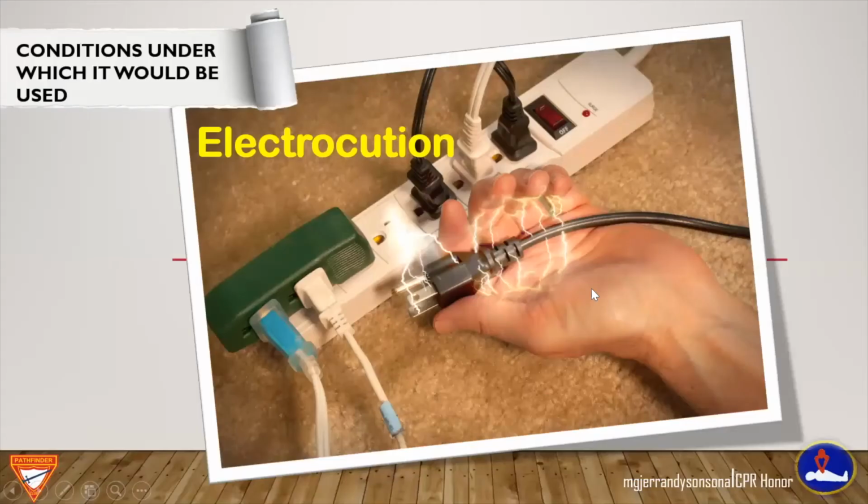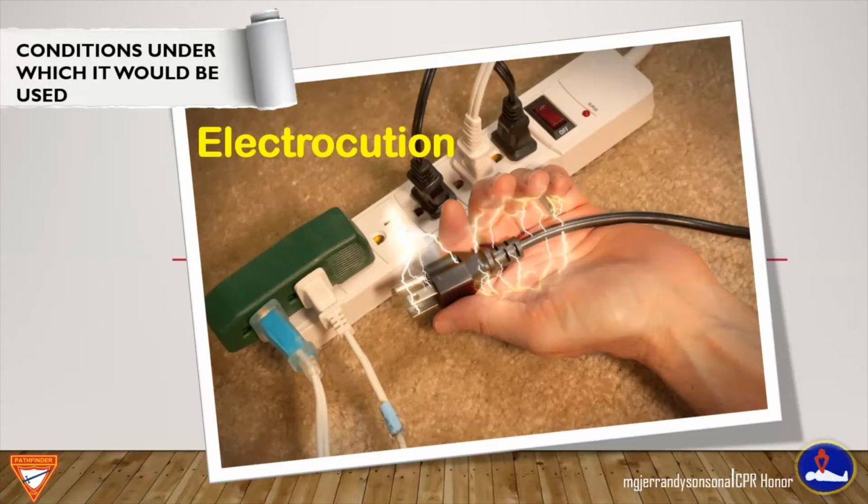Okay, now let us try to know also what are those conditions under which it would be used. When are those incidents that CPR can be used? Number one, accident is electrocution.